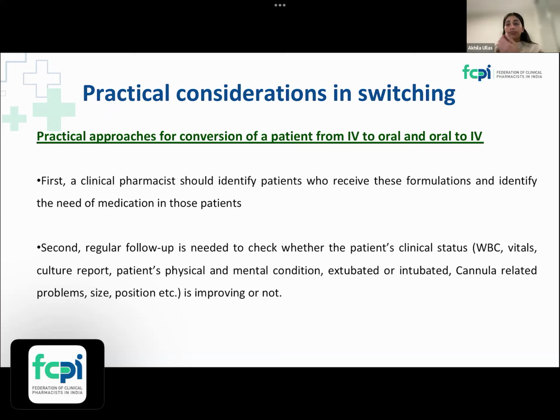And the second thing is regular follow-up is needed to check the patient's clinical status like WBC, vitals, culture report, clinical reports, whether the patient is extubated or intubated, cannula-related problems, size and position of the cannula, position of the trachea, size of the tube, whether it is improving or not.